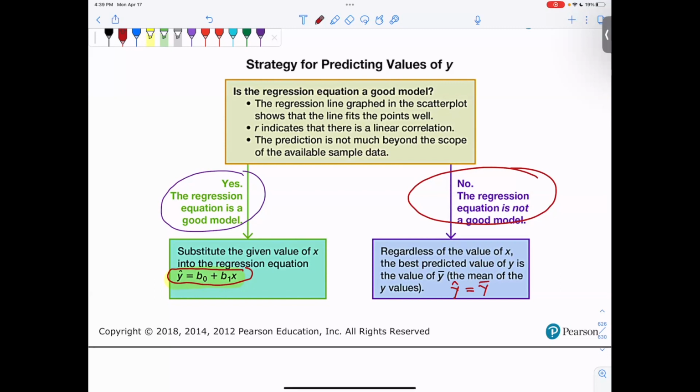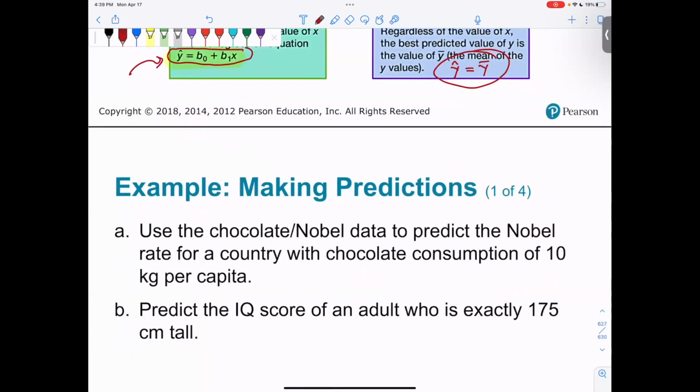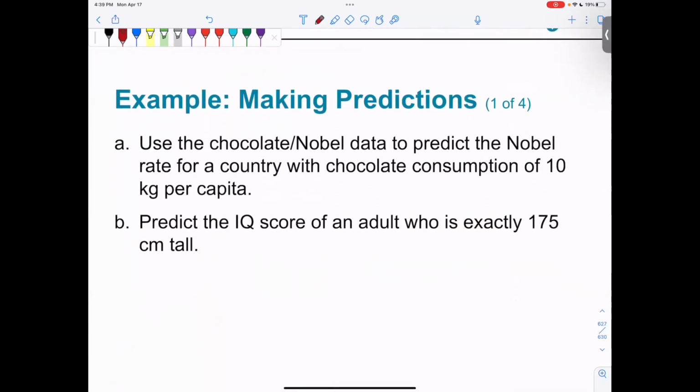Good model, then you use the sample regression function. Not a good model, then use the sample mean. So let's see this example. Use the same example we did to predict the Nobel rate for a country with chocolate consumption of 10 kilograms.